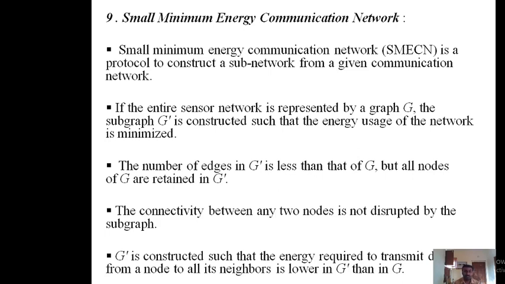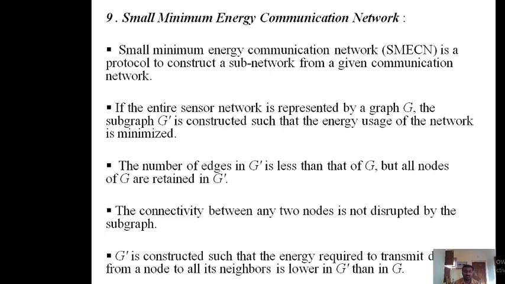The number of edges in G dash is also less than in G, but all nodes of G remain in G dash. So whatever nodes are there in G, the same are in G dash also. The only difference is that G uses large energy and G dash uses less energy. The connectivity between any two nodes is not disturbed by the subgraph.